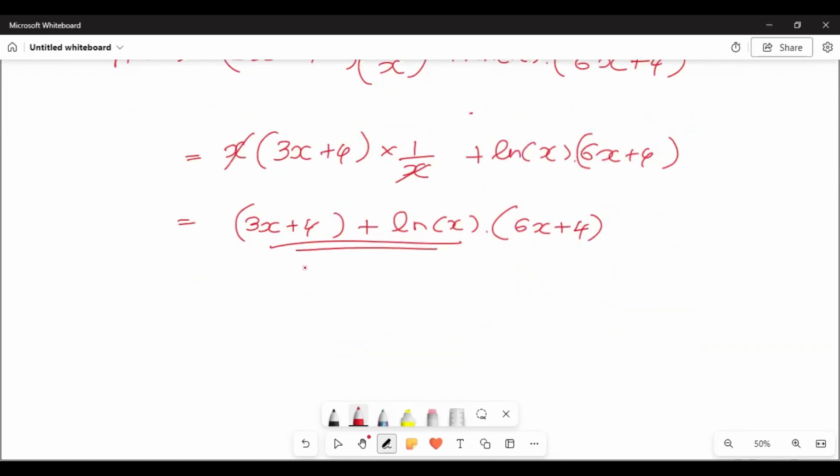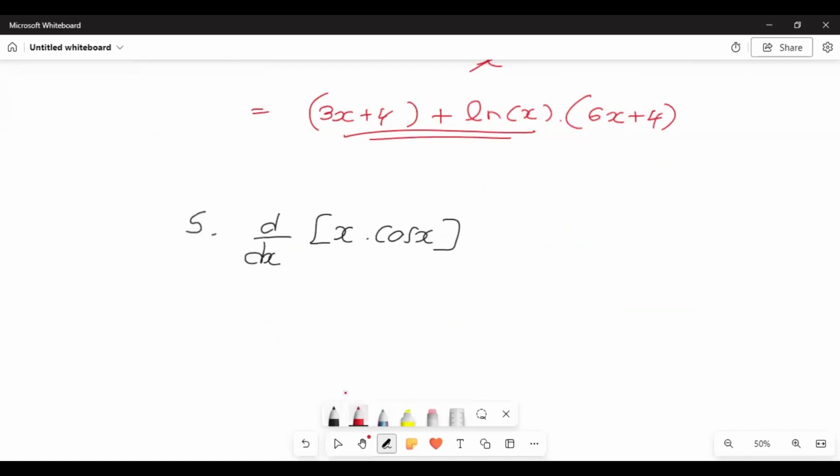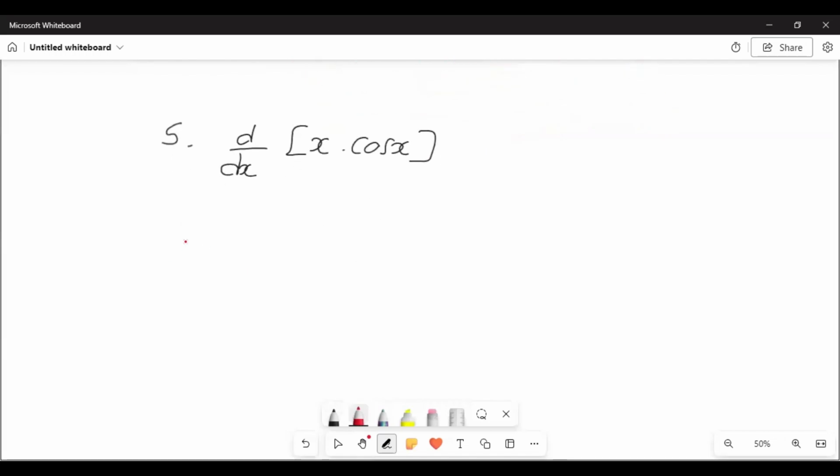Okay, let's move into the last one, the fifth one. d over dx of x times cos x. So let's move into the answer.